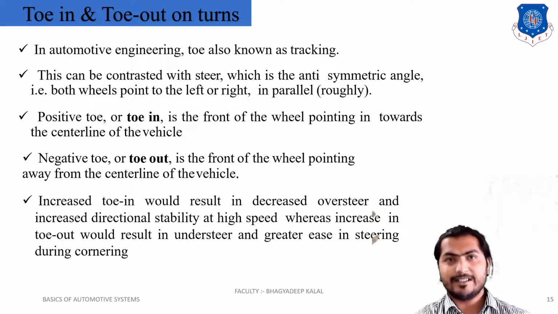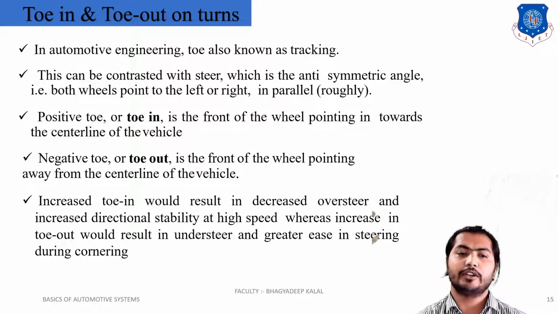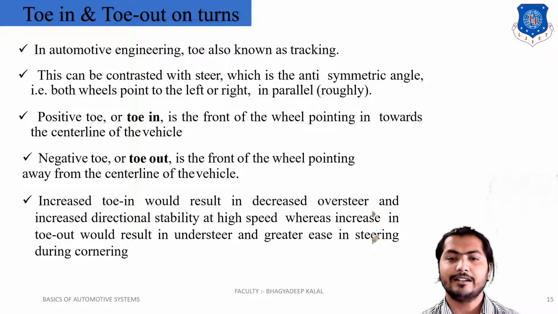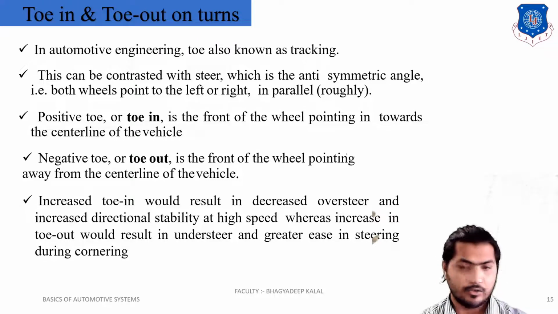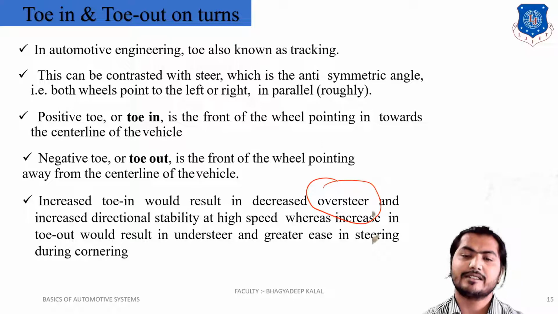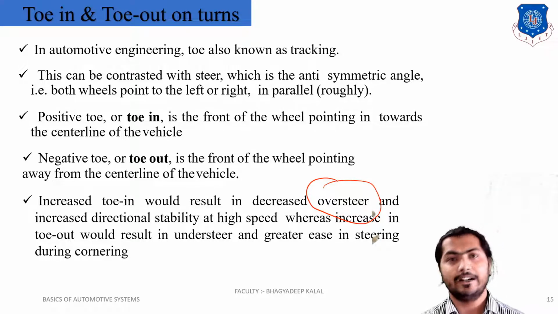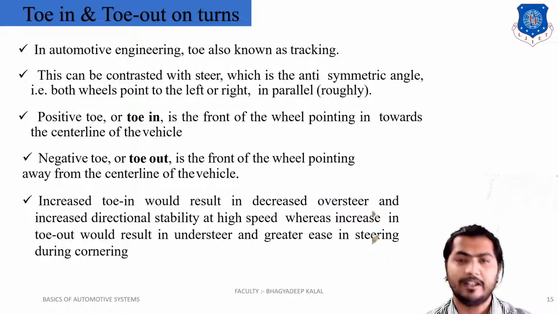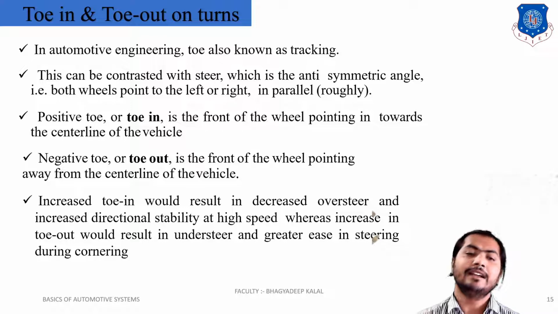Okay, what is the result after giving the toe in and toe out? Increased toe in would result in oversteer. So the word is oversteer. Oversteer is nothing but the steering movement is more than the requirement. If you want to turn 30 degrees and your steering wheel movement turns your wheel by 40 degrees, that means it is oversteer, and it increases directional stability at high speed.